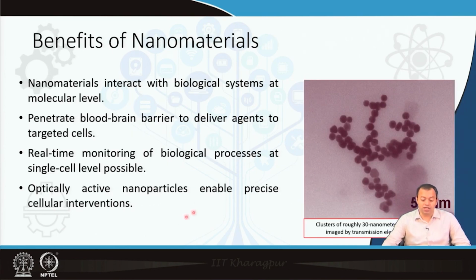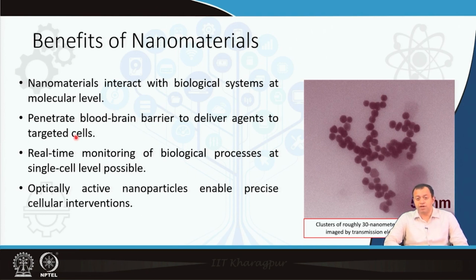Nanomaterials interact with biological systems at the molecular level. They penetrate the blood-brain barrier to deliver agents to targeted cells. Remember, we discussed the blood-brain barrier. Blood does not go directly inside the brain. There are no capillaries, no veins, no arteries inside the brain. There is a semi-permeable membrane between brain and blood.